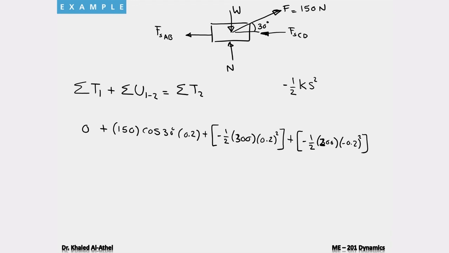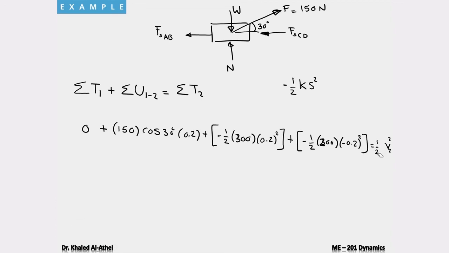This should equal half m v2 squared. Basically, this is going to equate everything. Let me write the value of that mass as well.